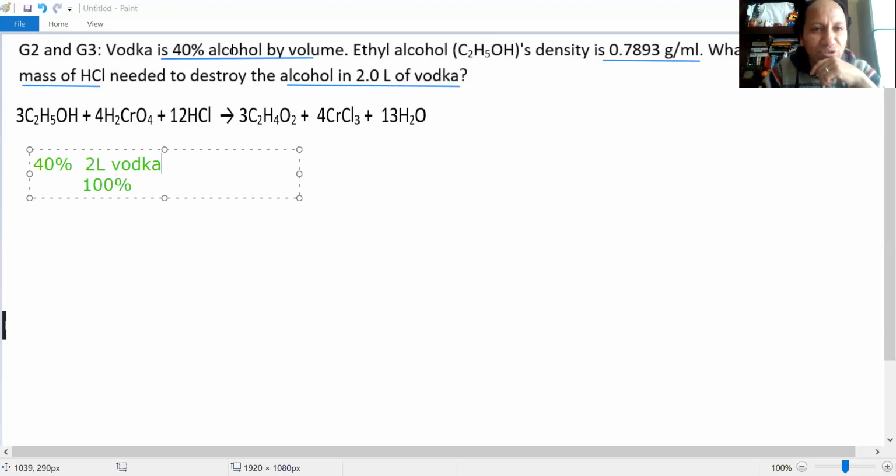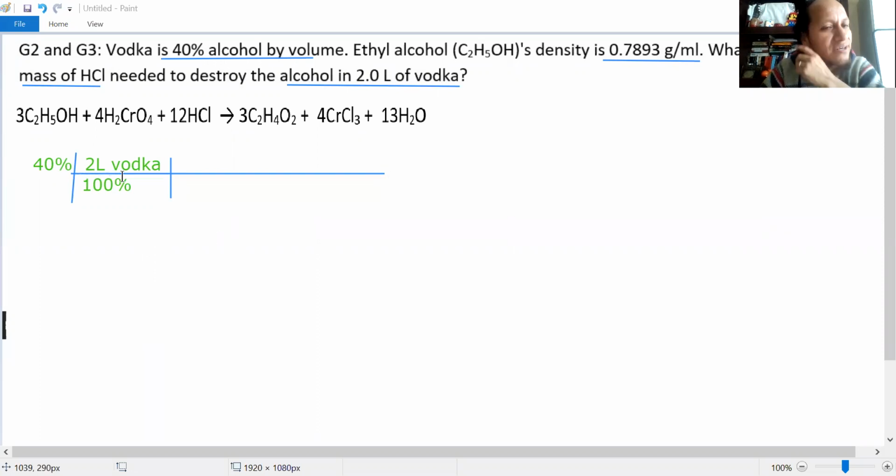And then we continue with the conversion factors. So you just open the conversion factor and then do the fraction and continue with your conversion factor. So once you have it in here, in the 100% of vodka, 40% is alcohol.